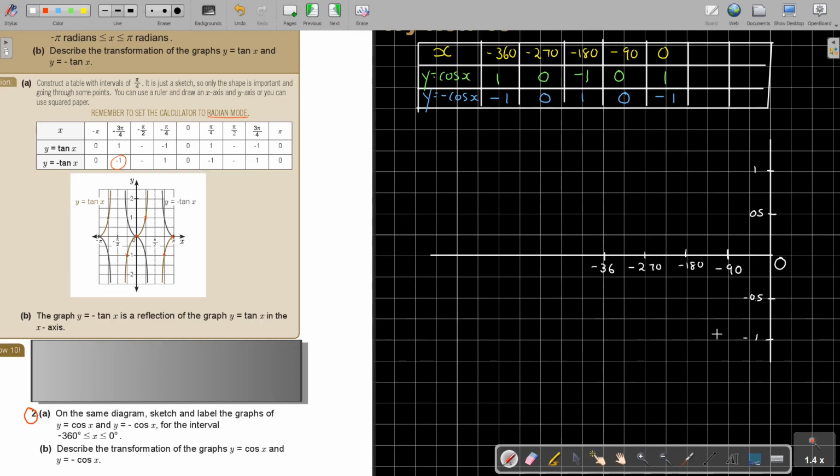Okay, so let's start with the green. So I have negative 360, and that was 1. I like the little cross. And then negative 270, and that was 0, and then negative 180, and that was negative 1, and then negative 90, that was 0.